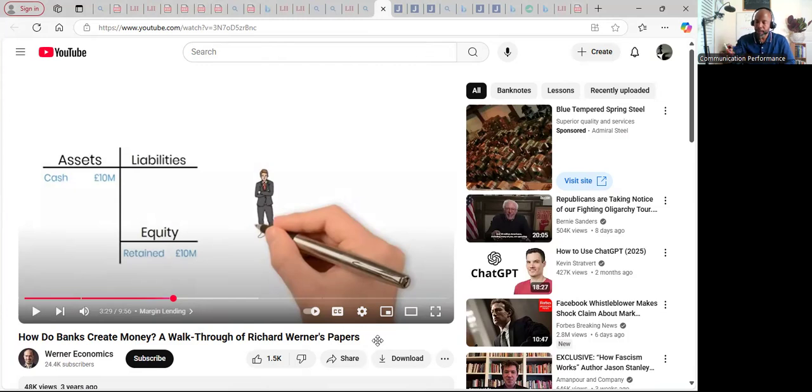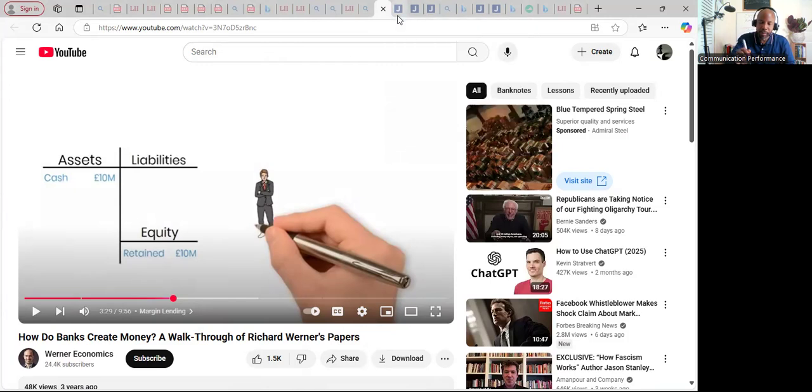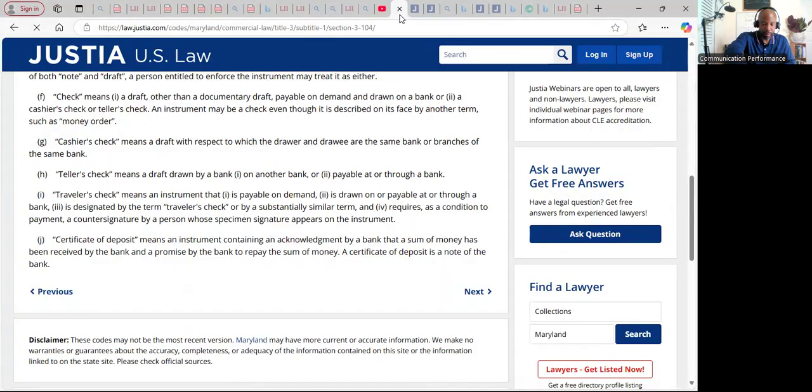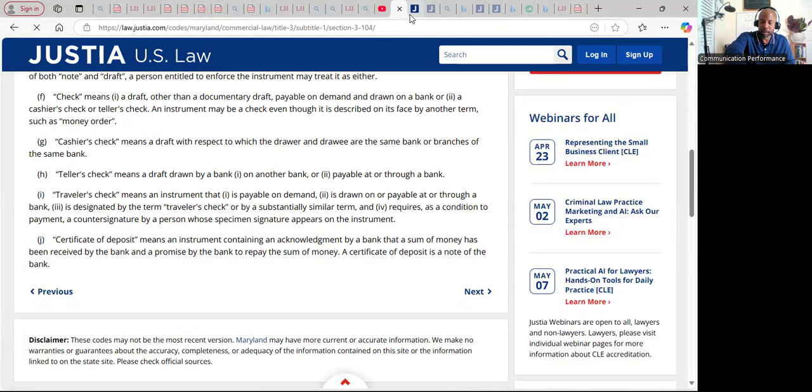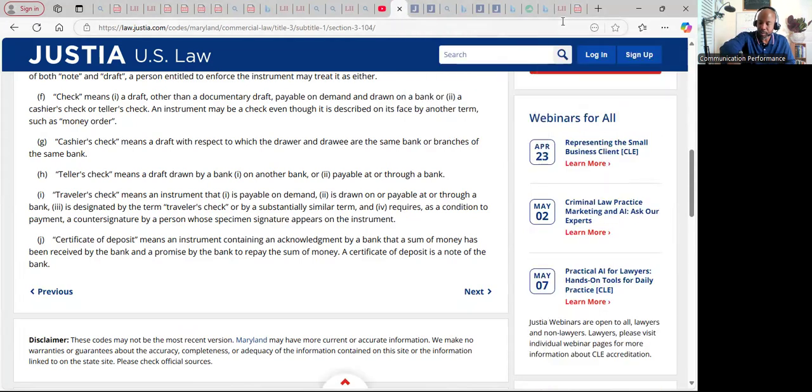So let's define what a promissory note is first.